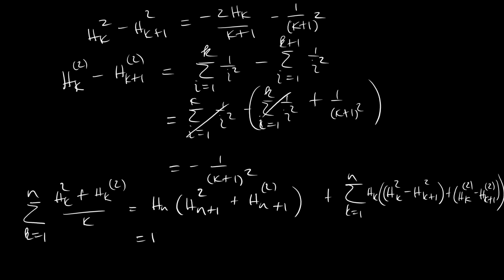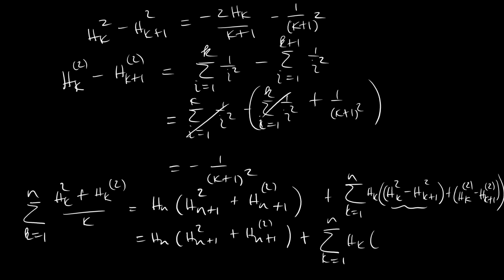This means this is the same as, this part here will take that, which is negative 2 hk over k plus 1 minus 1 over k plus 1 squared.